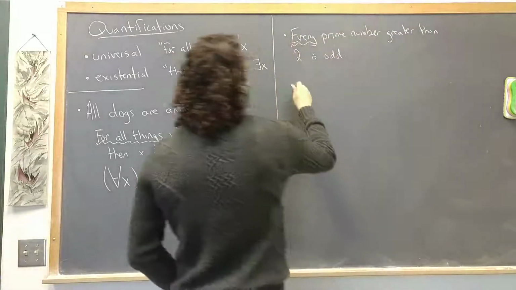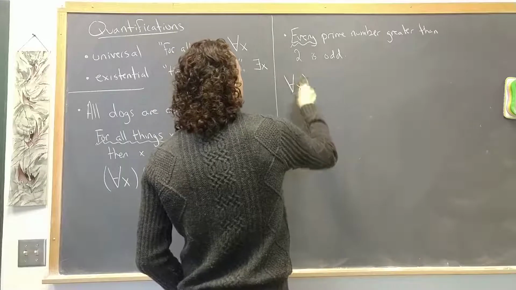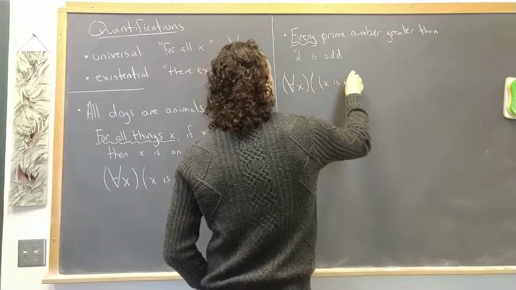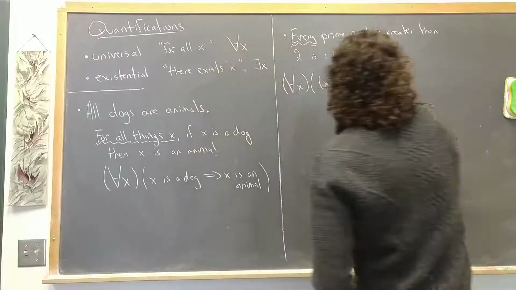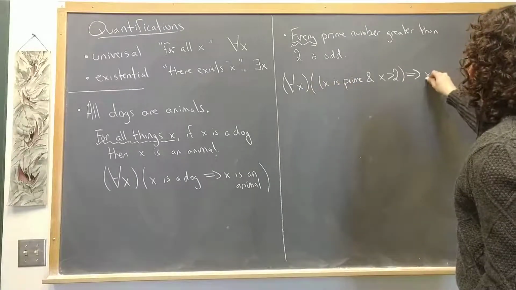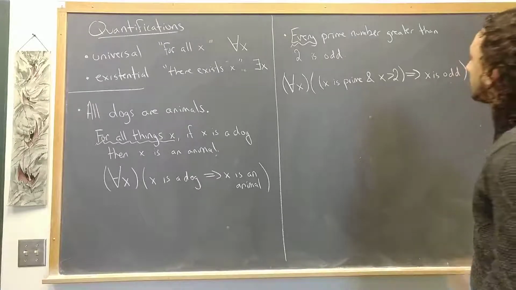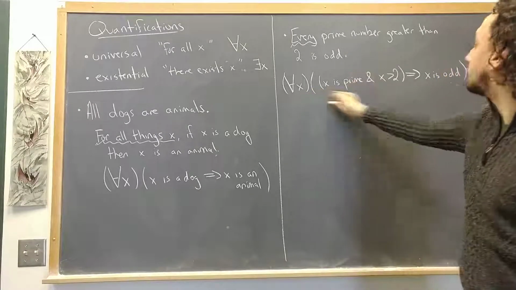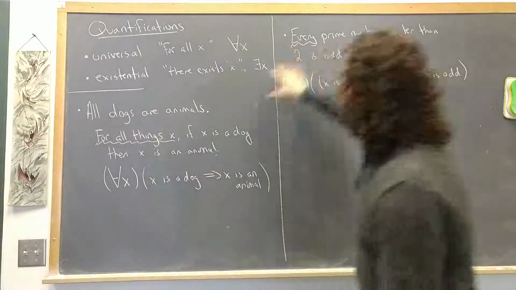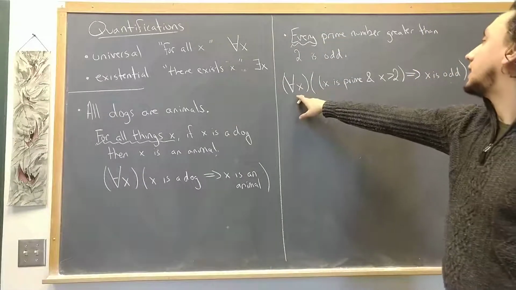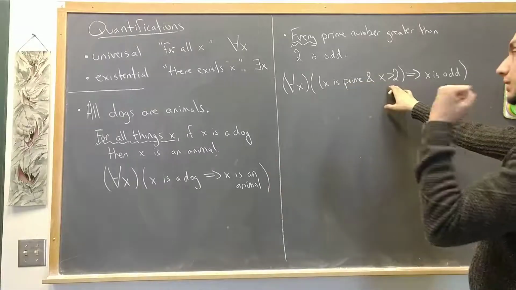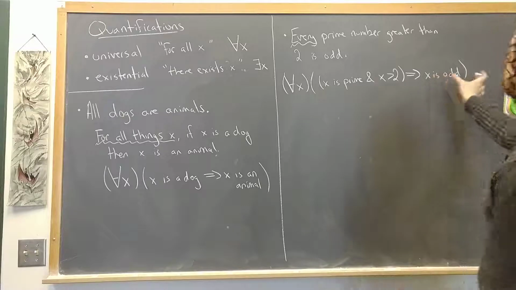And so I might write this mathematically as, for every x, if x is prime and x is greater than 2, then x is odd. So I've taken this English sentence and I've written it with a universal quantifier to capture the fact that we're talking about everything, either all dogs or every number. So for every x, if x is prime and x is greater than 2, if these two things are both true, if I pick a prime number which is greater than 2, no matter what it is, it must be odd.